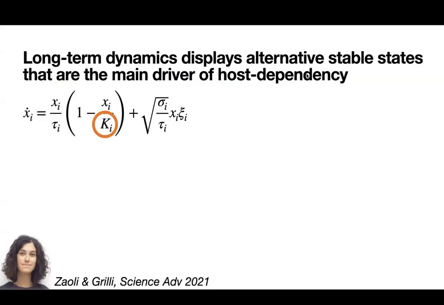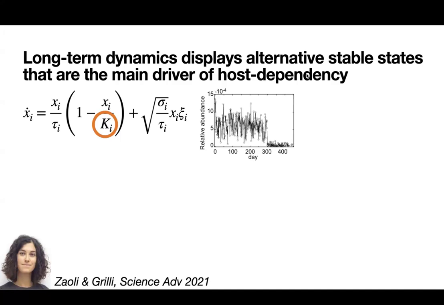One thing we showed was that if we look at the long-term dynamics in, for instance, the human gut, we observe rapid transitions for some species. There are fluctuations around a fixed value as predicted by the model, but the model fails at some specific times because there are quick transitions in the abundance.